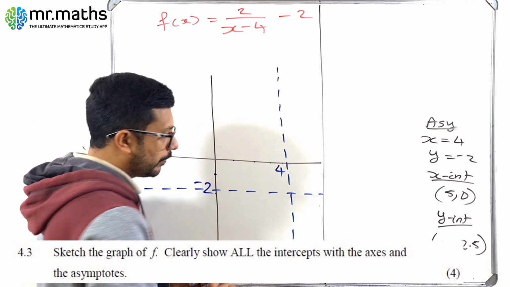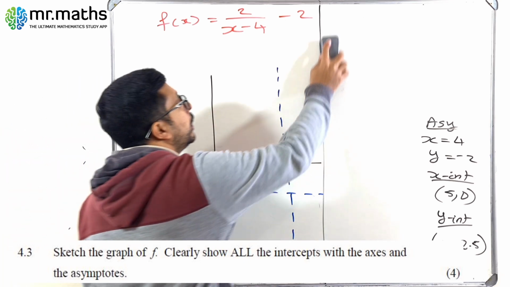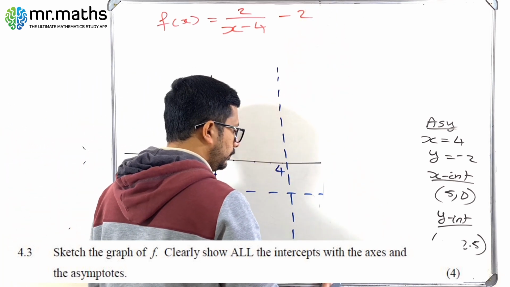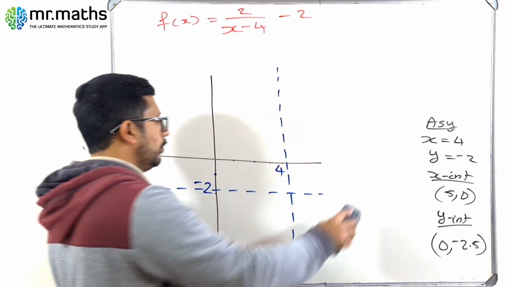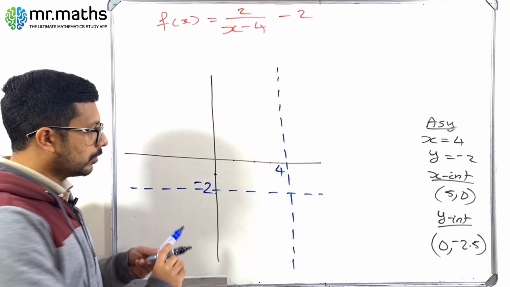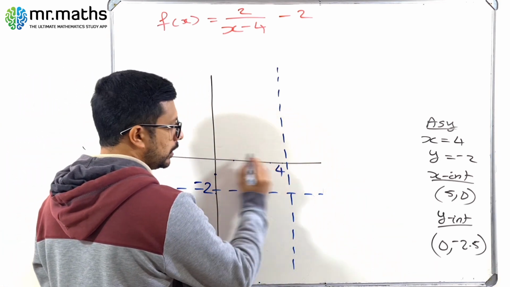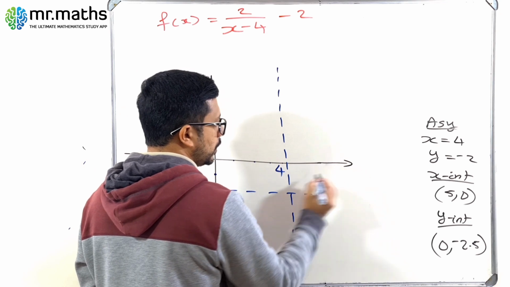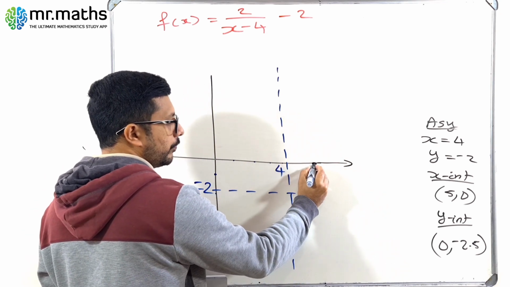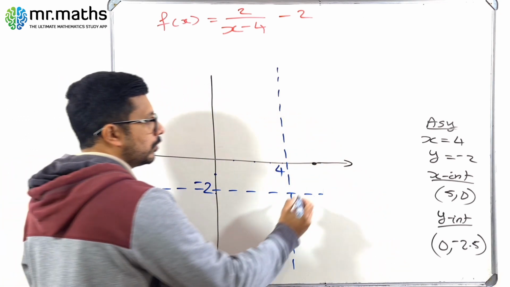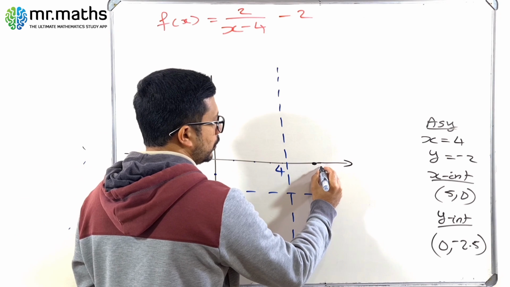Let me erase this line. This is 4, this is the x-axis, am I right? So 5 means somewhere here, 5 comma 0. So this is 5 comma 0.